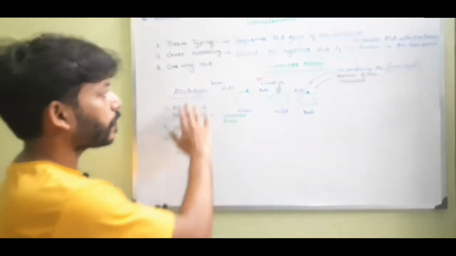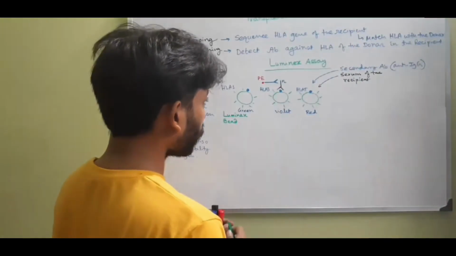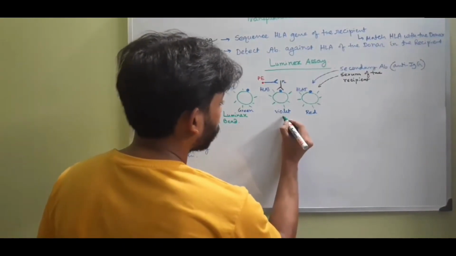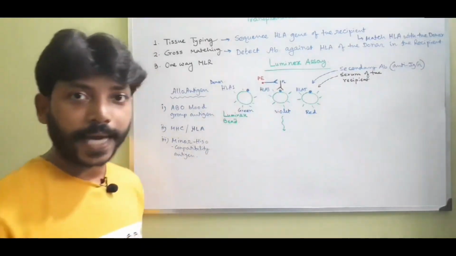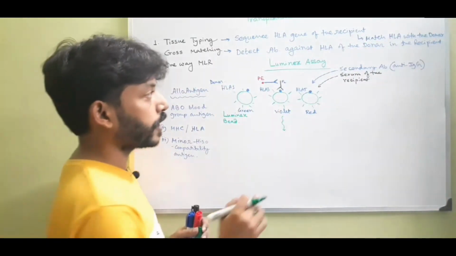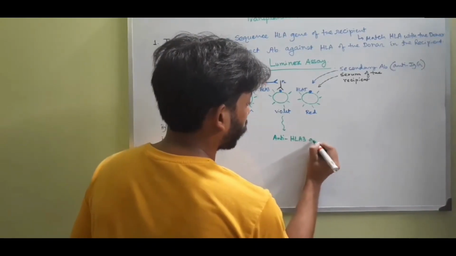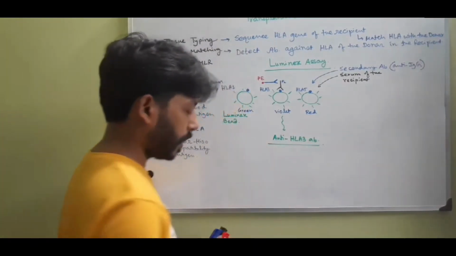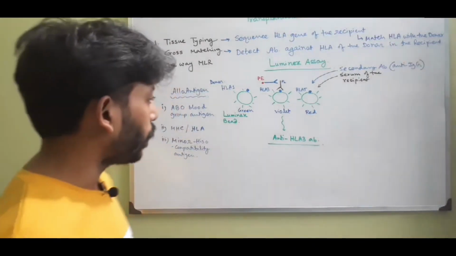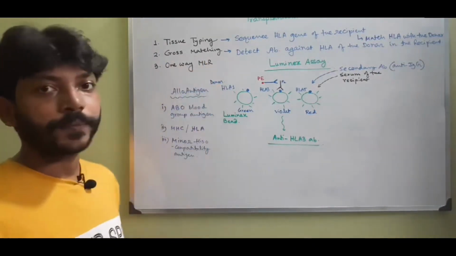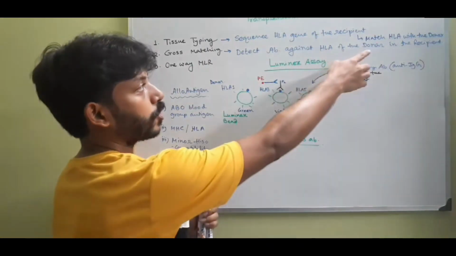So when this technique is performed, and if they find that the violet beads are fluorescing and associated with the PE tag, they come to the conclusion that this recipient has anti-HLA3 antibody that is dangerous. This antibody can reject the transplantation. So this is called cross matching, in which they detect antibody against the HLA of the donor.